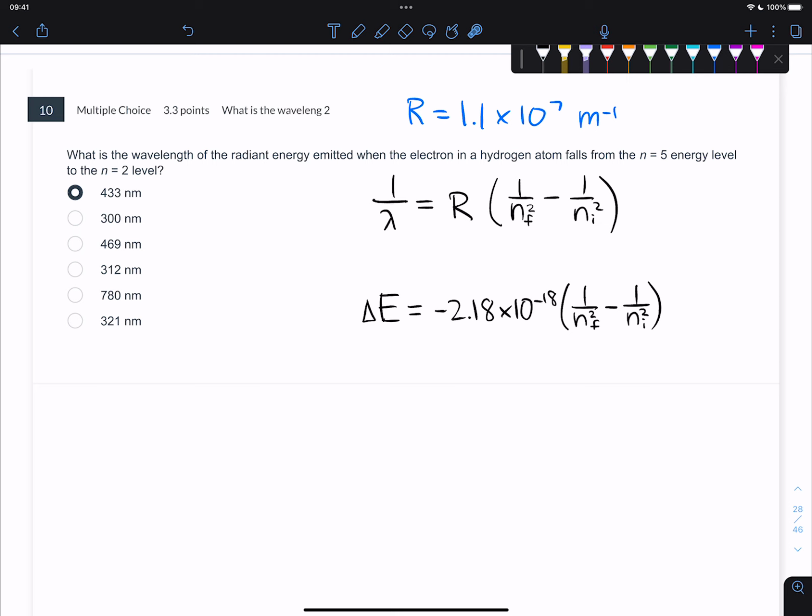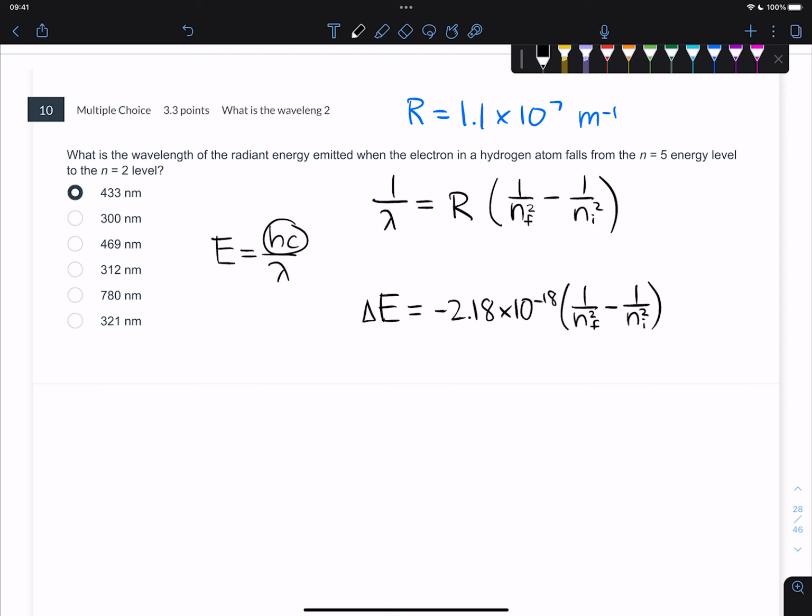So one equation relates wavelength with the energy level change, and then another equation relates the change in energy with the energy level change. In this case, we actually are looking for the wavelength, so we don't need this one. But if you were curious, this equation can be derived or turned into this equation, if you remember that E equals hc over lambda, and hc is actually just a constant.